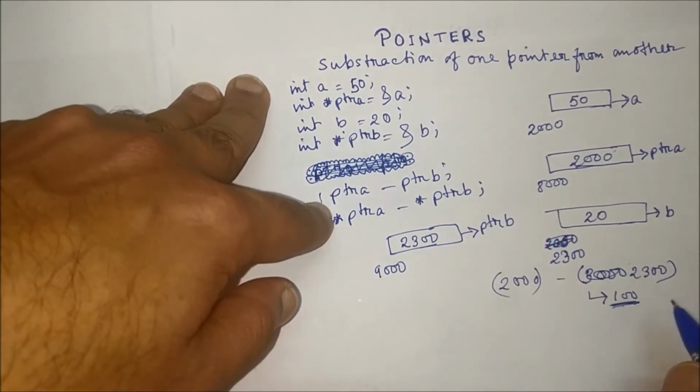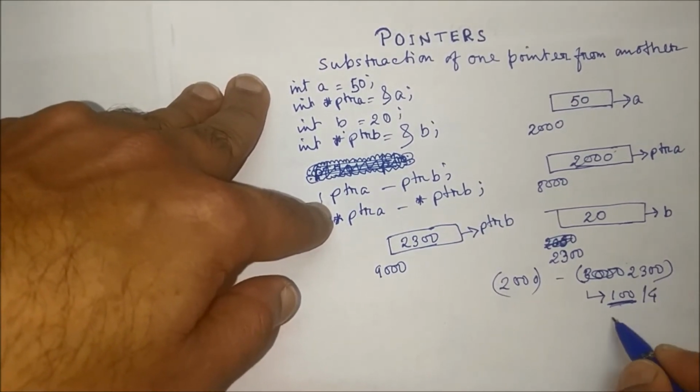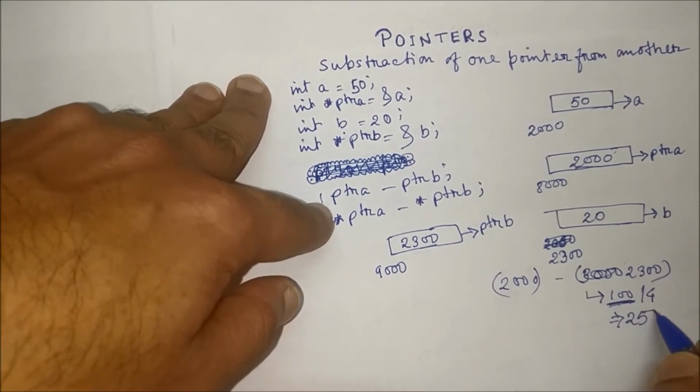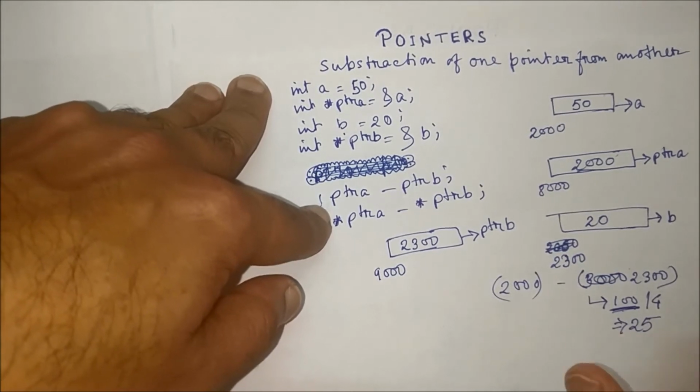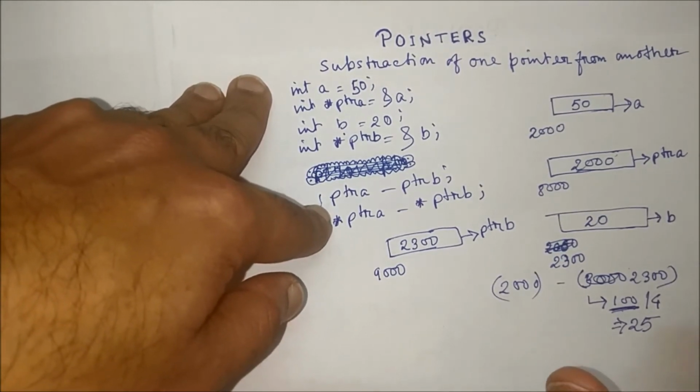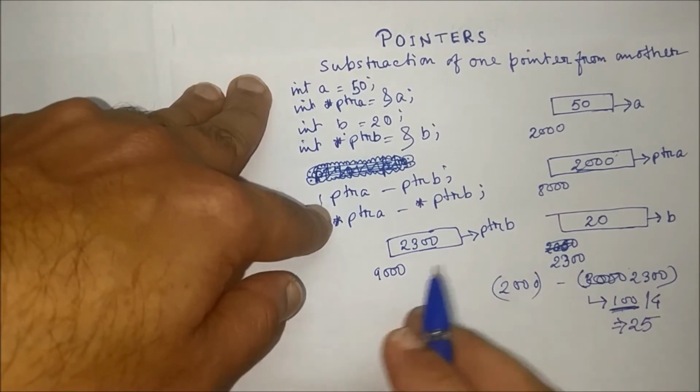So if the difference is 100, we divide by 4, and the resultant value will be 25. It is not the exact difference between the memory addresses; it gives you the number of integers that can be stored between these addresses.